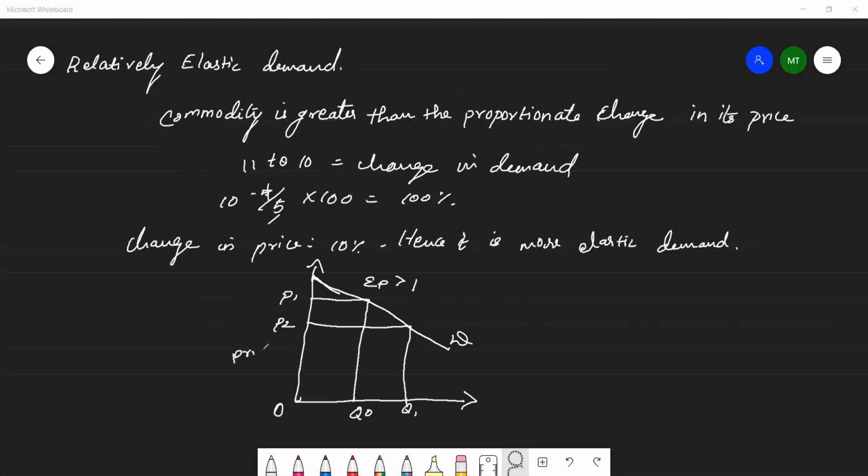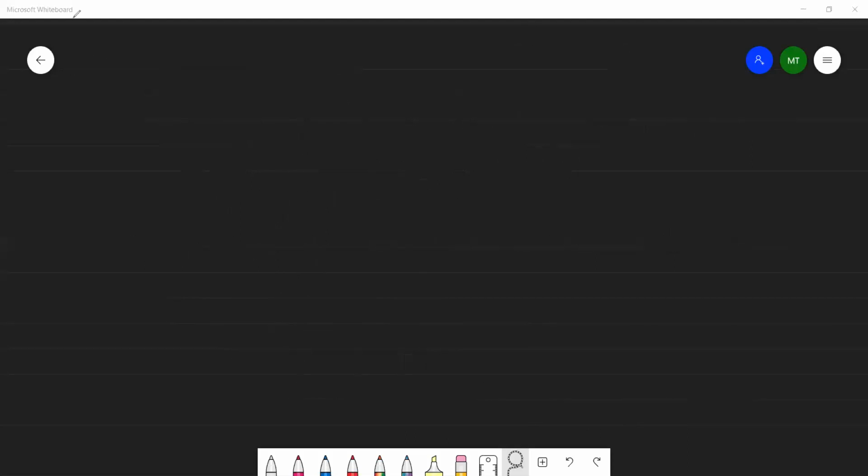It's a price, the quantity demand. Okay, that's all. Next one is a relatively inelastic demand.